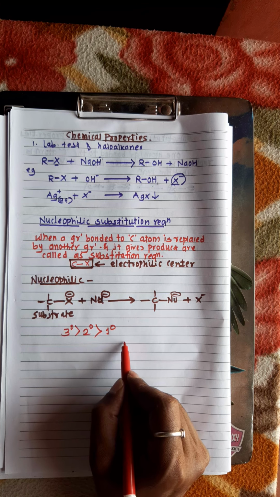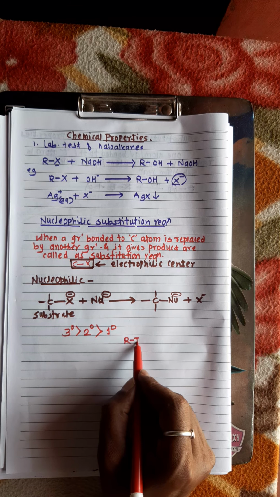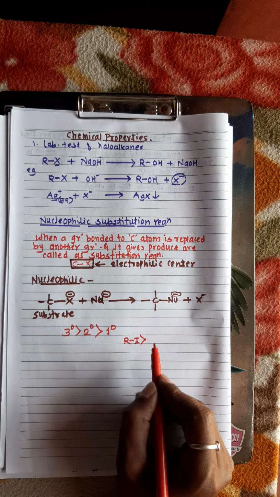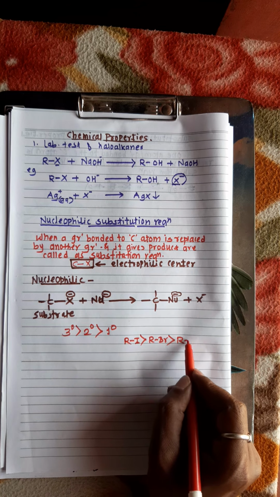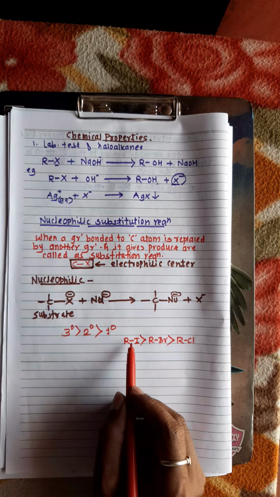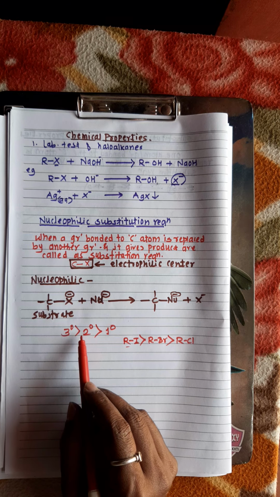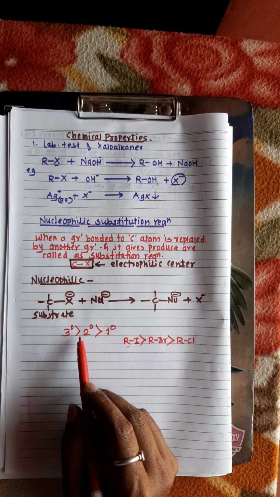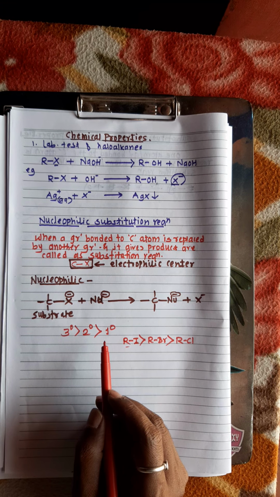Also, the order is RI greater than RBr and greater than RCl. This is the order of reactivity of alkyl halides to nucleophilic substitution reaction.